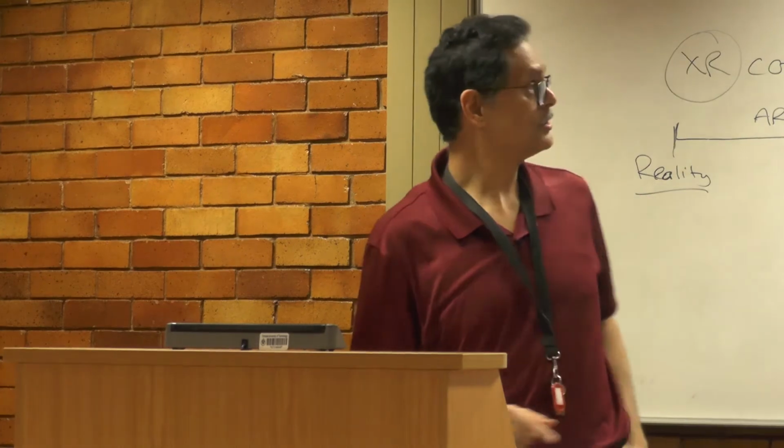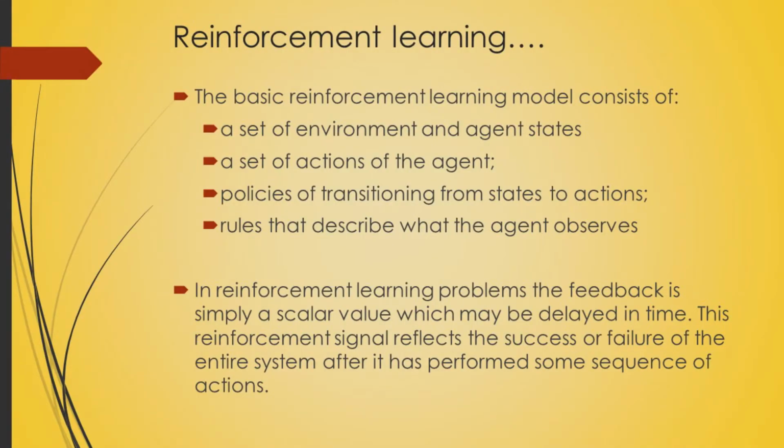So if we continue with reinforcement learning, it consists of the environment and the agent state, and then the set of actions. You have to give the agent the set of actions, and then decide a particular policy that it must follow to decide whether it wins or it doesn't win. So that is reinforcement learning.